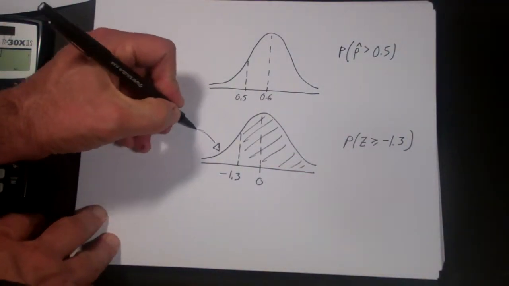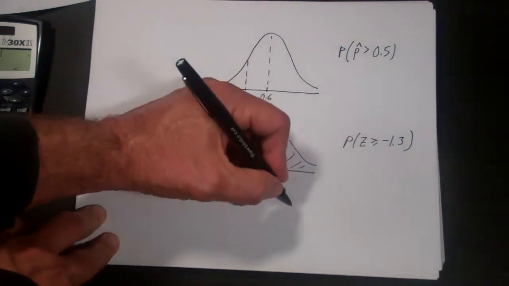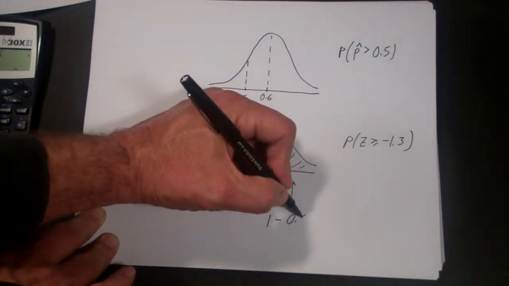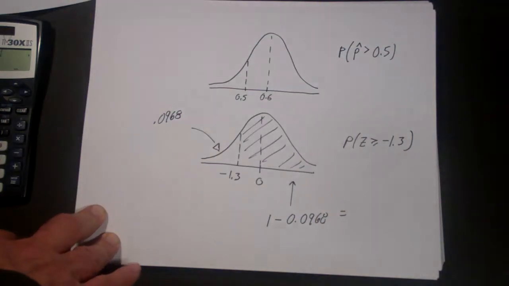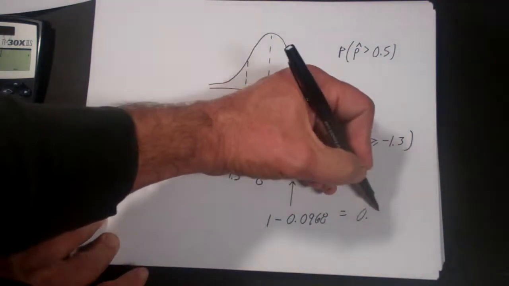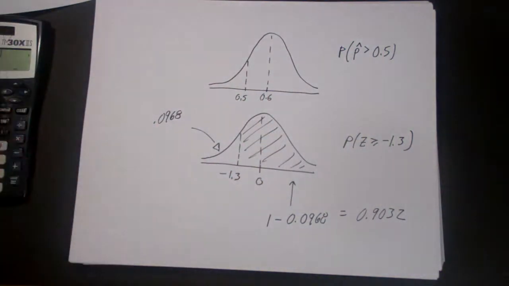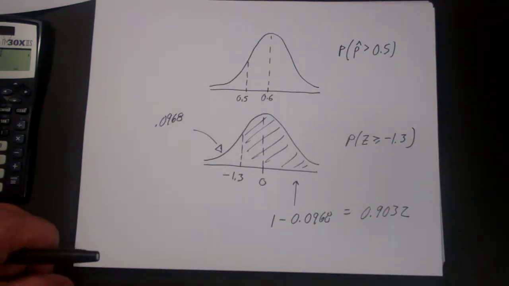That always gives you the amount to the left, 0.0968. So this region here would be 1 minus 0.0968. I could do that on a calculator. Let's see if I can do that in my head. That's going to be 0.9032. In other words, you have just over a 90% chance of getting a number greater than 1/2.